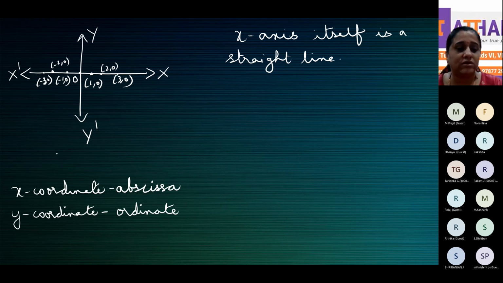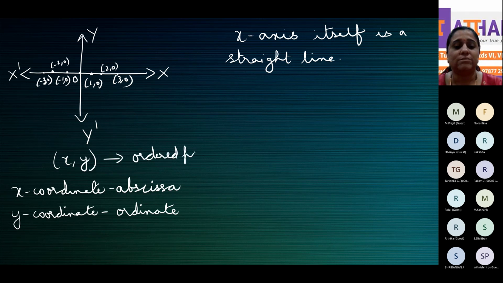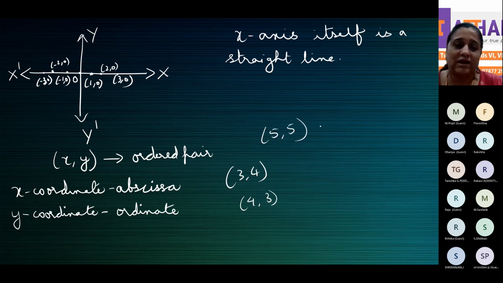If this is an ordered pair, why is it called an ordered pair? It's a pair because there are two numbers in it. And it's called an ordered pair because the order is very important. 3, 4 is different from 4, 3. The location of 3, 4 is different from 4, 3. However, if both are the same, like 5, 5, where the x value and y value are the same, then it doesn't make a difference.